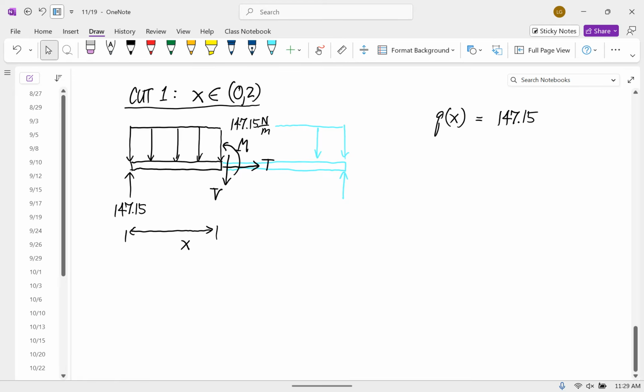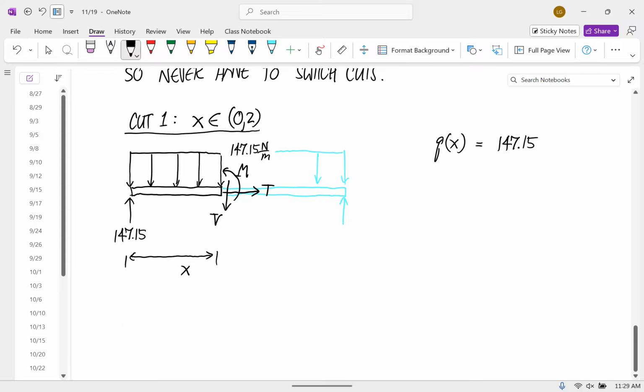And now that we've chosen the piece to isolate, we can replace this distributed load with an equivalent point force. So let's think about this rectangle. The height of this rectangle is still 147.15.